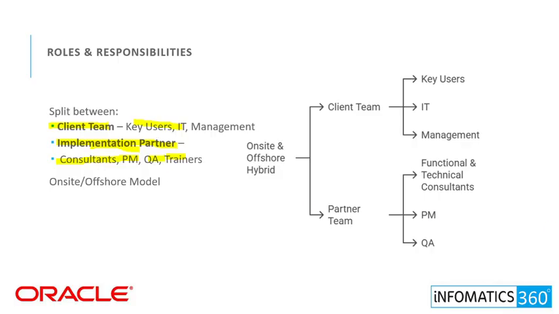The work is usually done in a hybrid model with some team members on site and some from an offshore model. Everyone has a clear role to ensure the project runs smoothly and successfully. Here we have explained in detail so that it gives clarity.